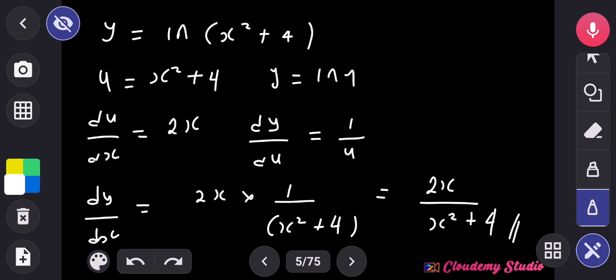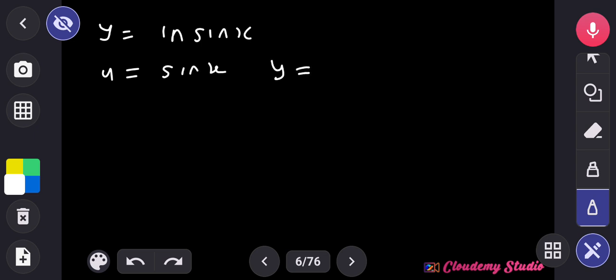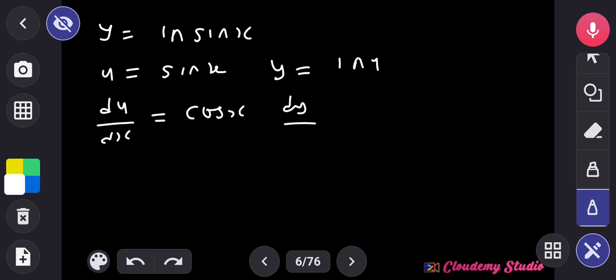You understand? Let us take for an example, we have our y equals ln of sine x. Very easy, right? We're just going to see that our u is going to be equal to sine x, and our y is going to be equal to ln u. Therefore, our du upon dx is going to give us cos x, and our dy upon du is going to give us 1 over u.